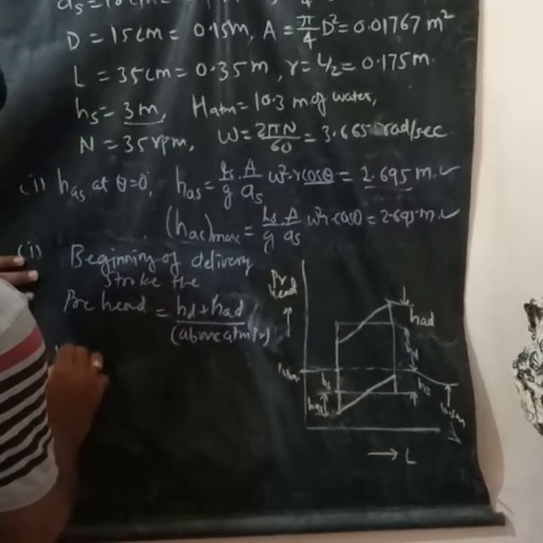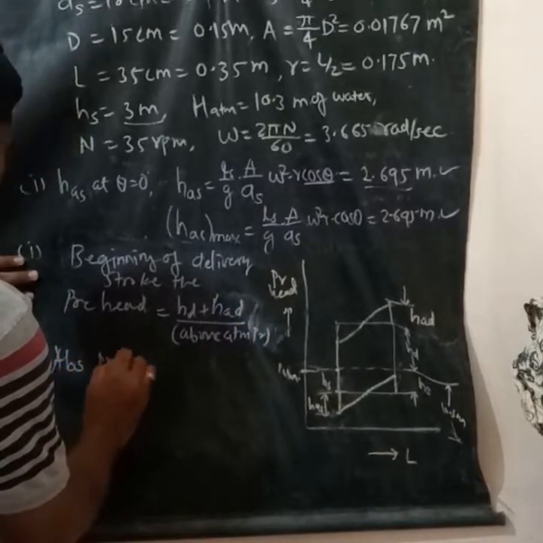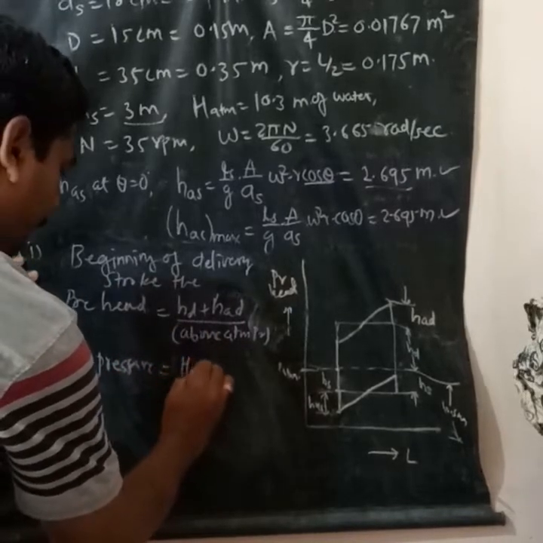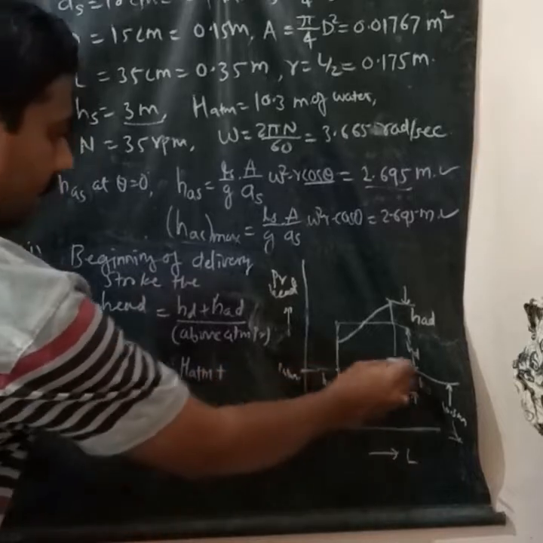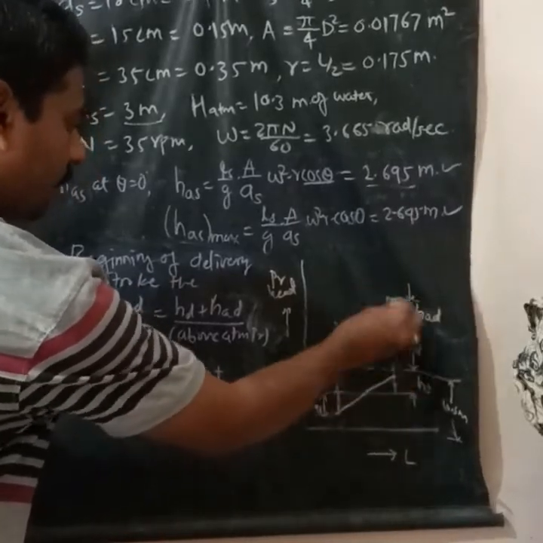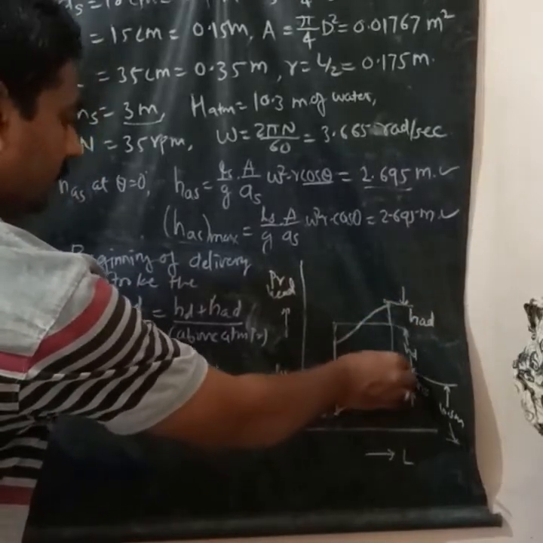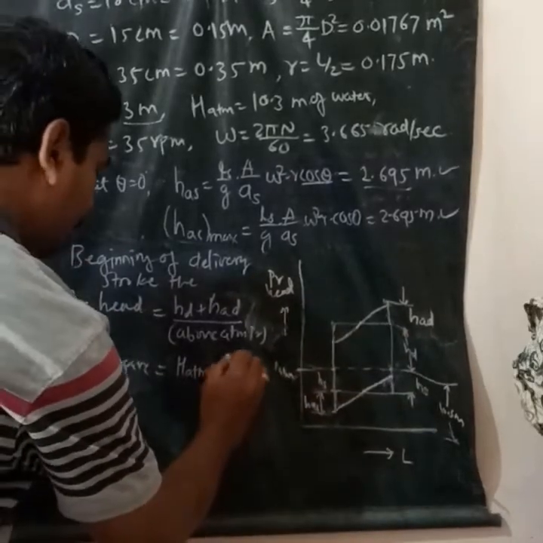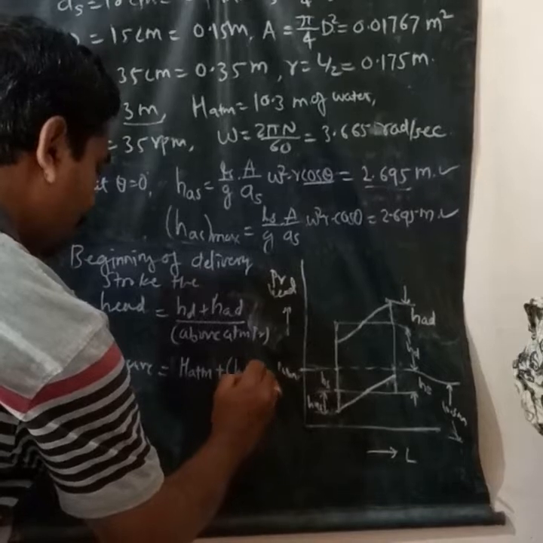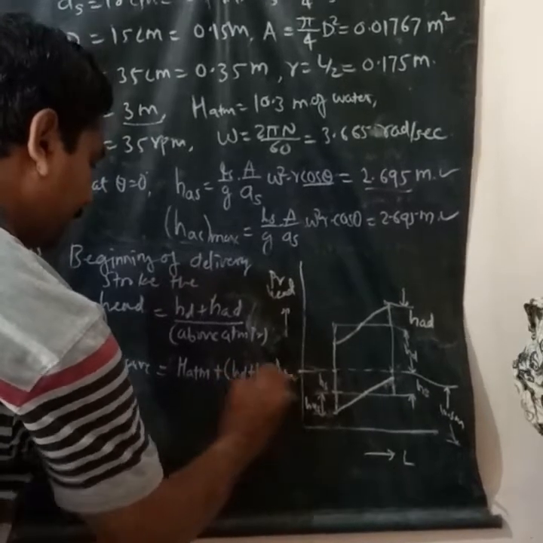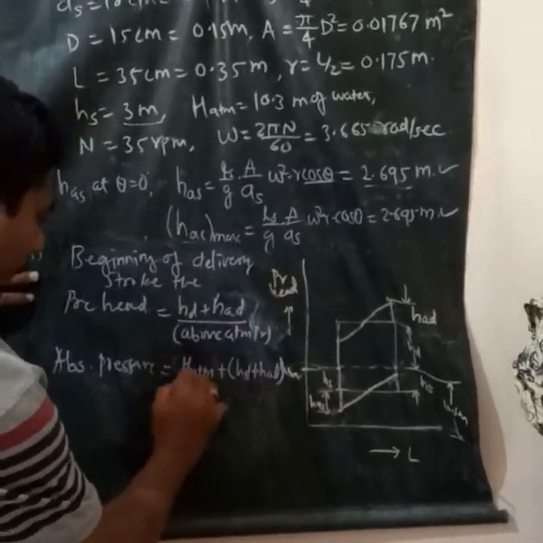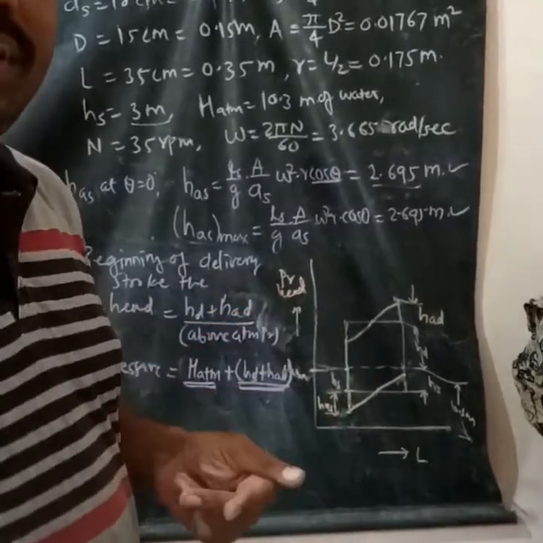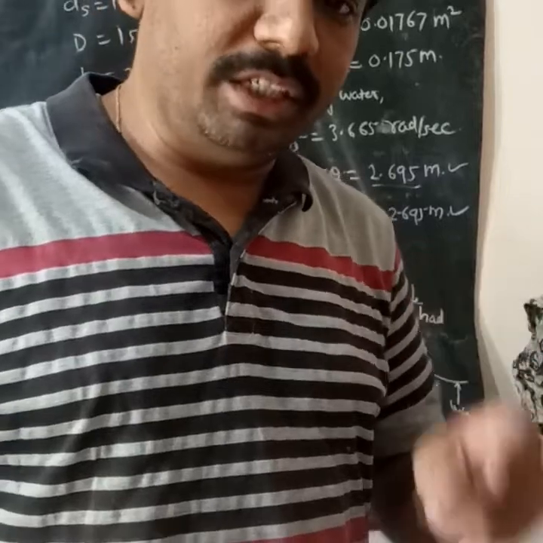Now the absolute pressure in that case will be equal to H atmospheric plus HD plus HAD. So H atmospheric plus this will give the value at the beginning of the delivery stroke.